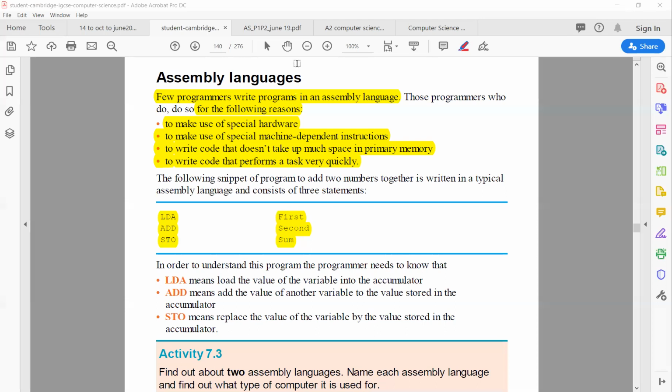These are a few instructions written in assembly language. This is just equal to the instruction written in a high level language. This instruction is written in a high level language.